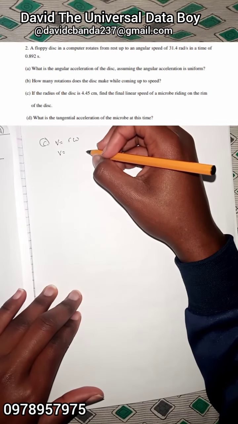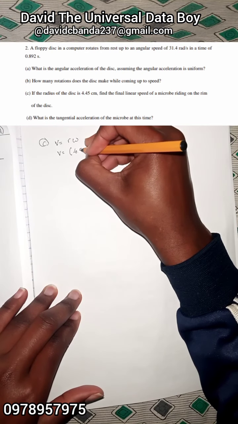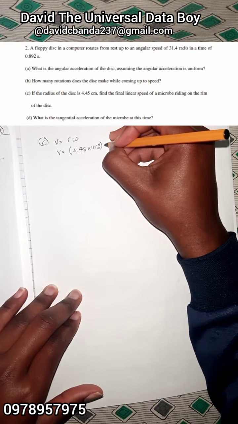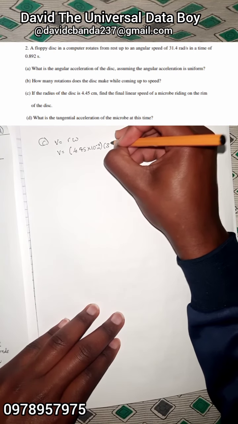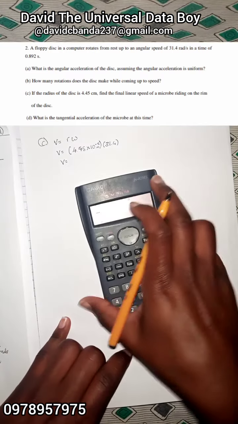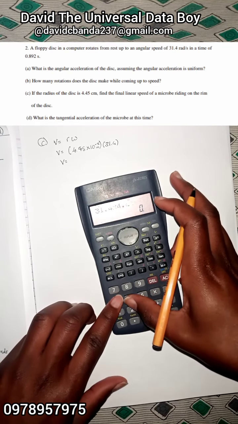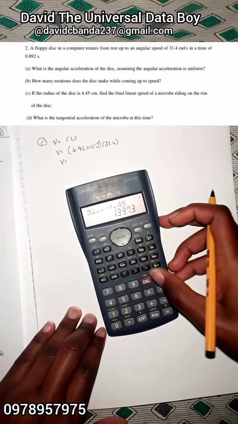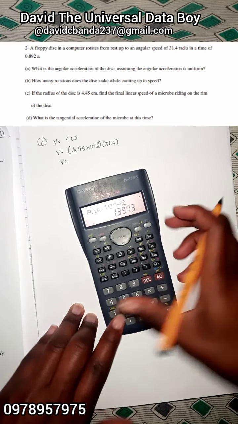V is equal to the radius of the disk, 4.5 centimeters, but then we can convert that as 4.45 times 10 to the power negative 2. Now it's in meters. Then the angular speed we've already been given is 31.4. So now we can multiply 31.4 by 4.45 times 10 to the power negative 2.